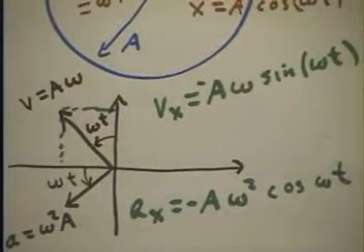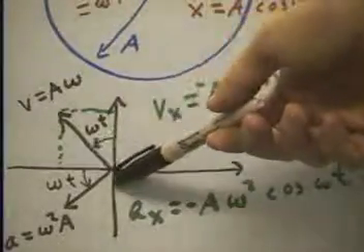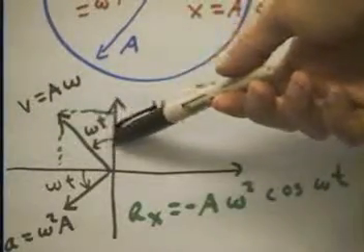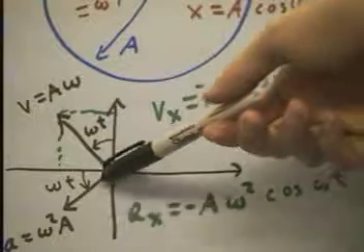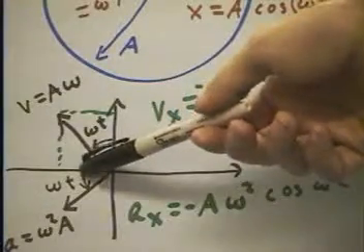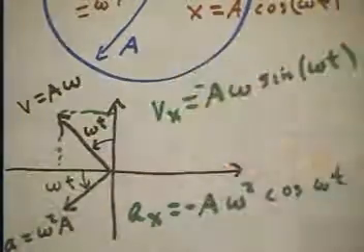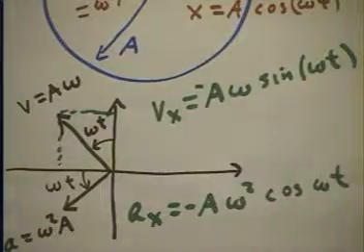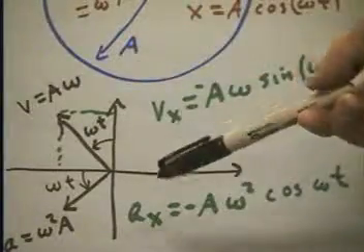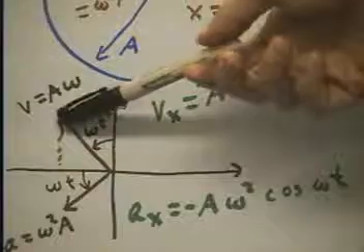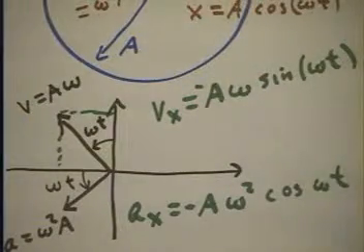If we now look at the velocity vectors, a omega at angle omega t with the y-axis, and omega squared a with angle omega t with the negative x-axis, we immediately see that the x component of this velocity is going to be this vector times the sine of omega t.